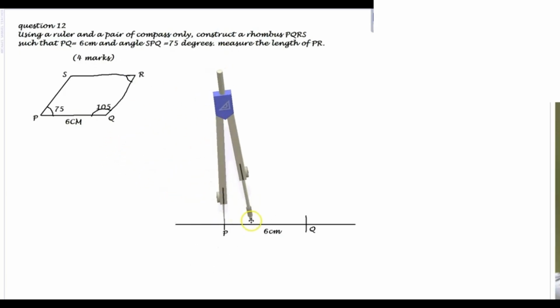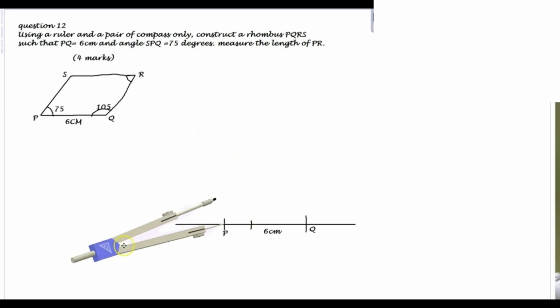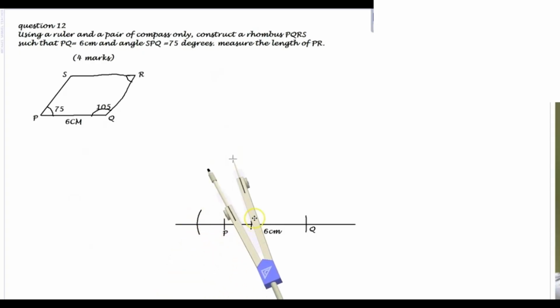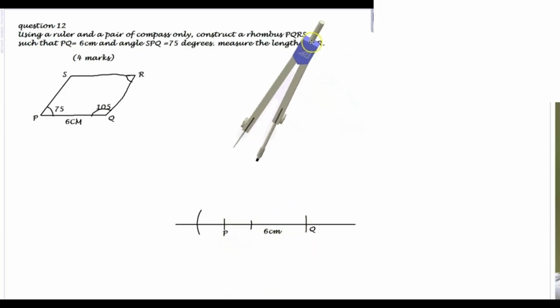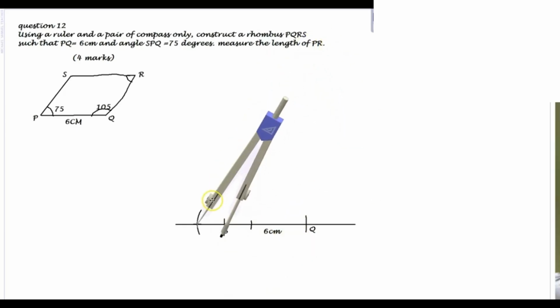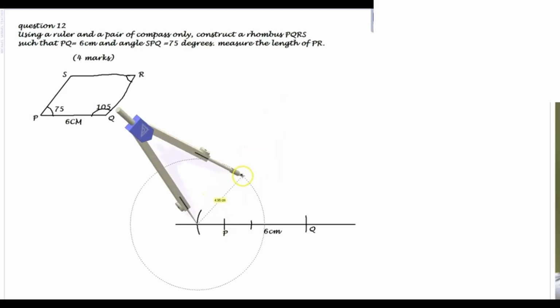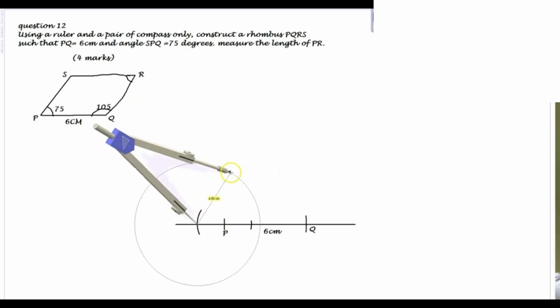So let me take a mark so that I am going to draw a perpendicular. Then from there, I use the radius that I've made, and I put a mark.